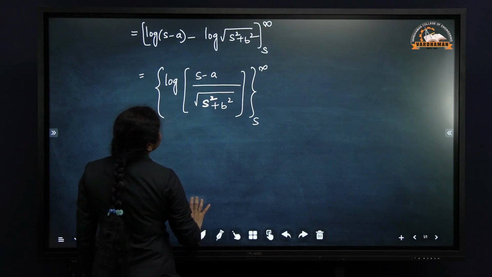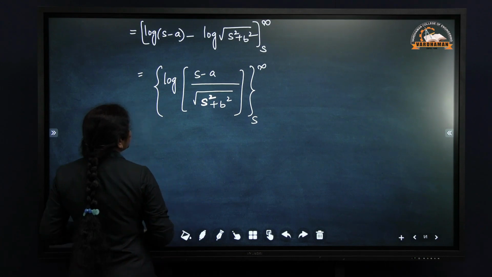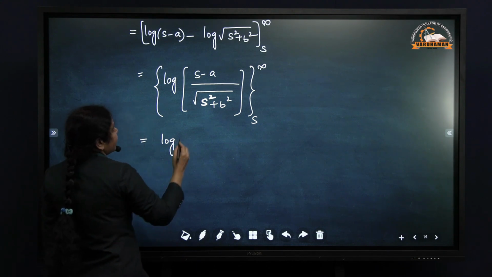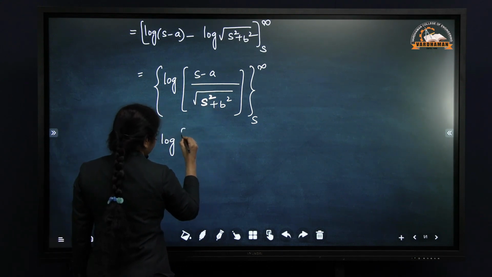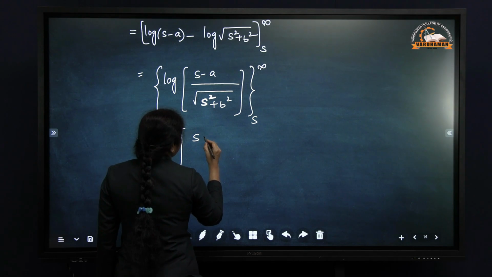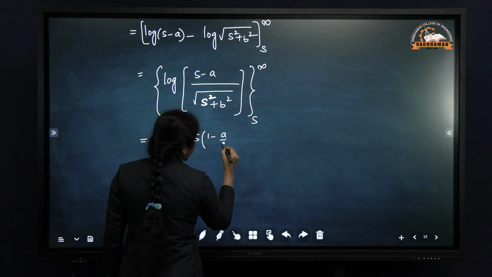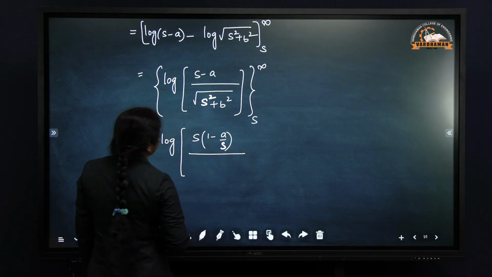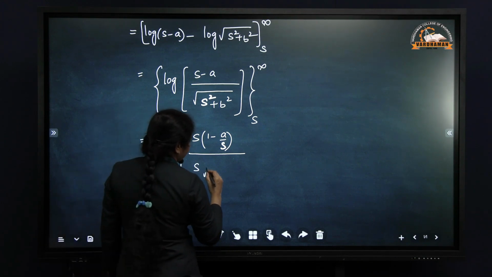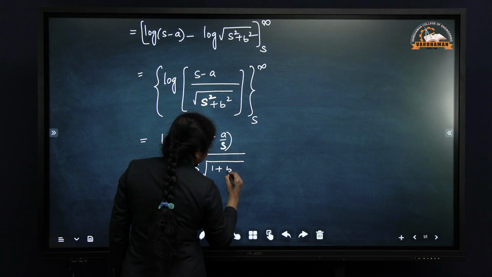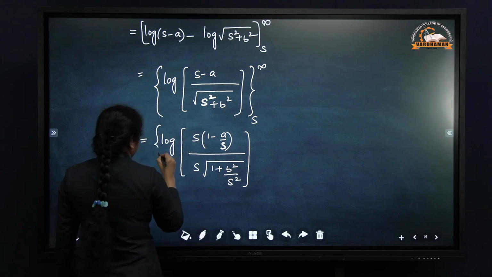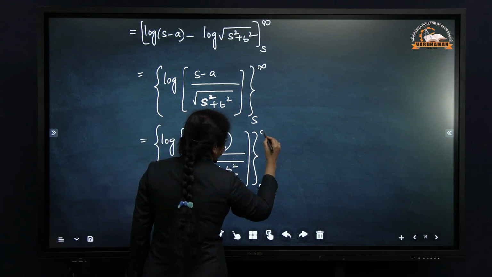Since I cannot substitute the limit as infinity in place of s directly, I take s common in both numerator and denominator to substitute the limit as infinity. So we get log of s into 1 minus a by s in the numerator, whereas in the denominator if I take the square root of s square common, I will get s into root over 1 plus b square by s square, where the limits are from s to infinity.